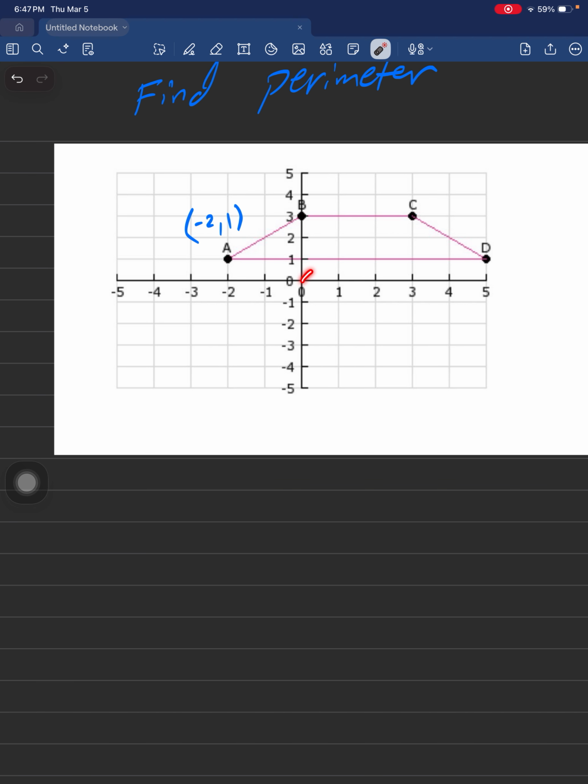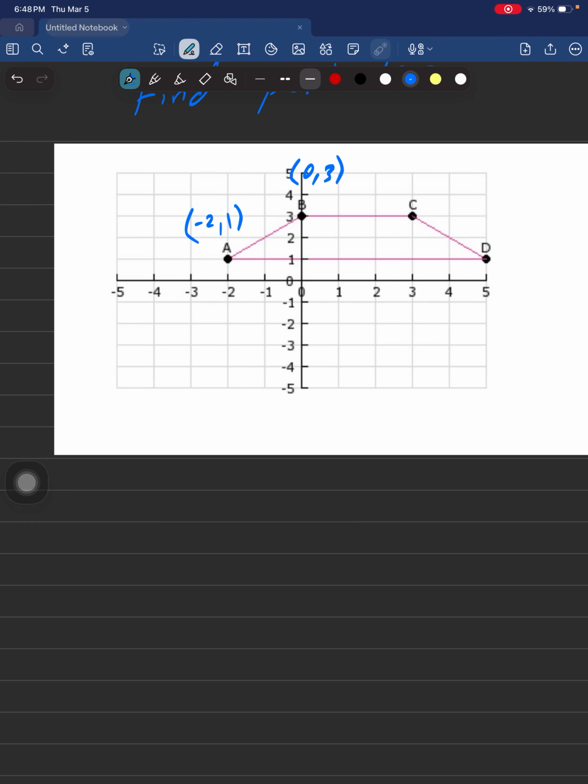We didn't run to the left or to the right. So the point will be like this: we start from 0, then rise 1, 2, 3. So the point is 0, 3.